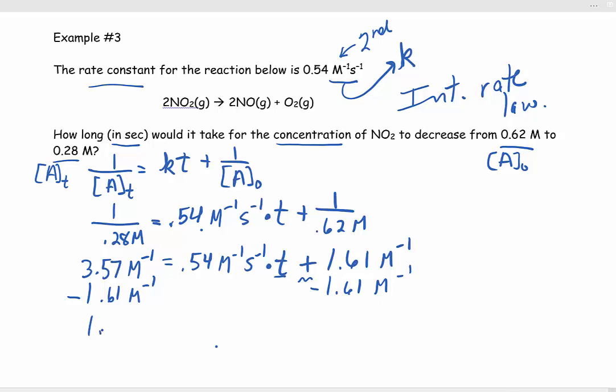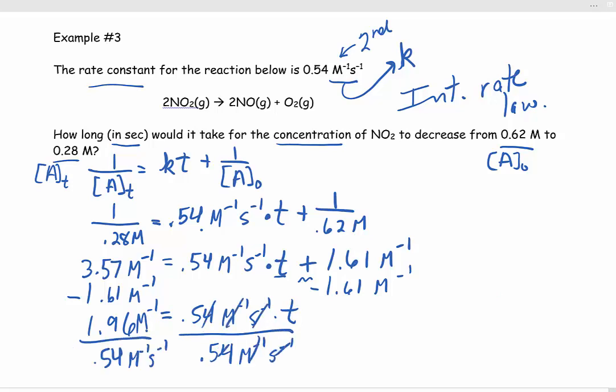Okay, so this gives us 1.96 equals 0.54, molarity to the -1, seconds to the -1 times t. Okay, so at this point, we just need to solve for our variable t, so now we can go ahead and divide.